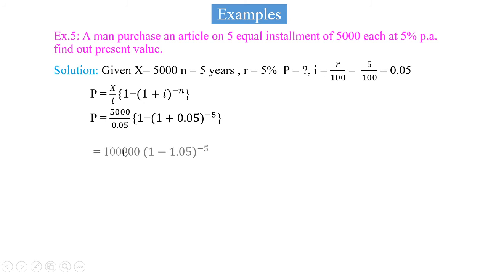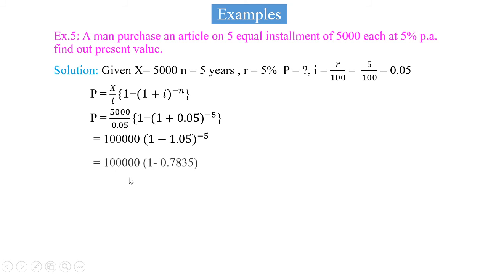After solving this, we get 1 lakh (1 - 1.05^-5). 1 + 0.05 becomes 1.05. So 1 - 1.05^-5.